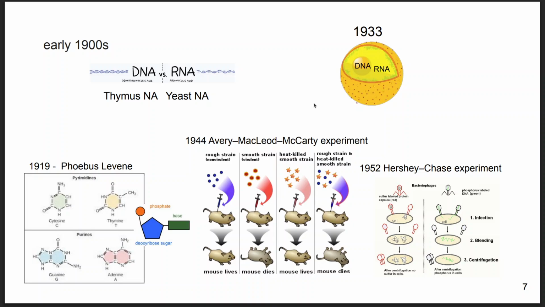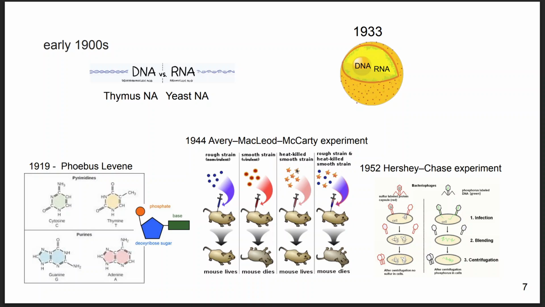They used mice. They injected virulent, so pathogenic, bacteria into mice, and the mice died. Then they injected a non-virulent strain of bacteria into different mice. The mice didn't die. So we have a pathogenic, deadly bacteria and an innocent bacteria. Then they heat-killed, they fried, the pathogenic bacteria.